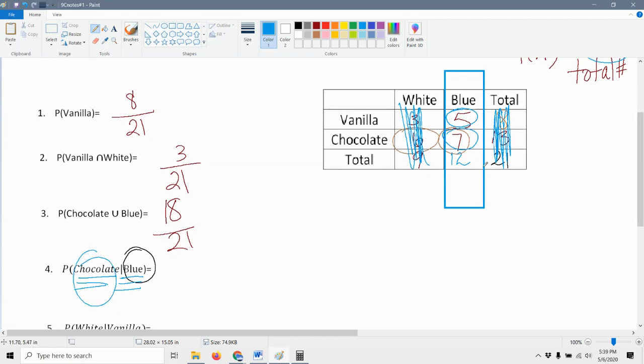But now instead of looking at all of those pieces of information, we're only looking at this stuff. So the chocolate number in blue is 7. Okay? What's our big total now? Well, since this is the only information we have to use, that blue total. So for conditional probability, the probability of being chocolate, given that we're only looking at the blue category, is 7 out of 12. All right?